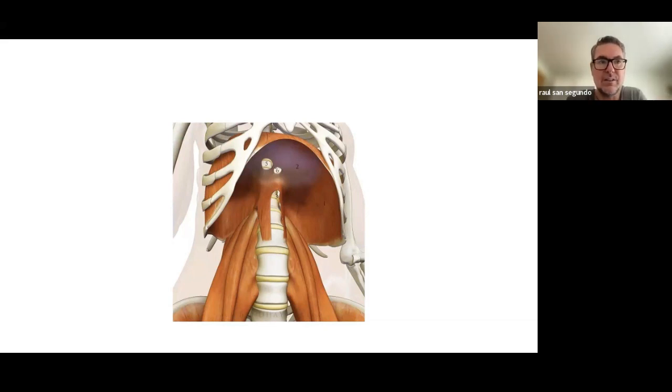Right now there's a lot of scientific work on the vagus nerve, and I think it's very important. Later on we're going to see images of some new connections that have just been written about at the hiatus in the esophagus. Here's one of the hiatuses, and further upwards you have one for the vena cava inferior.